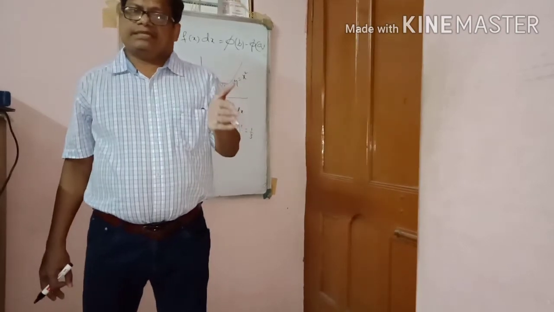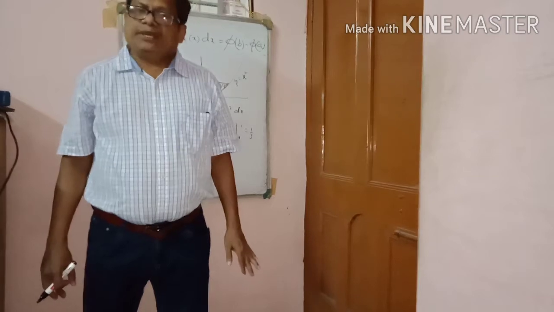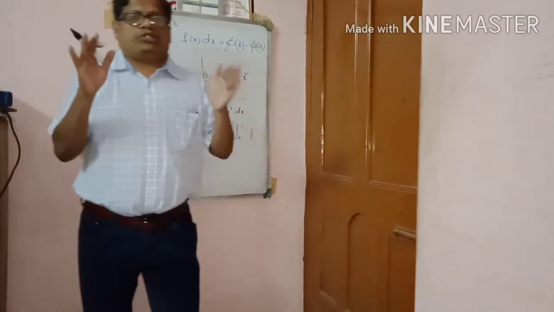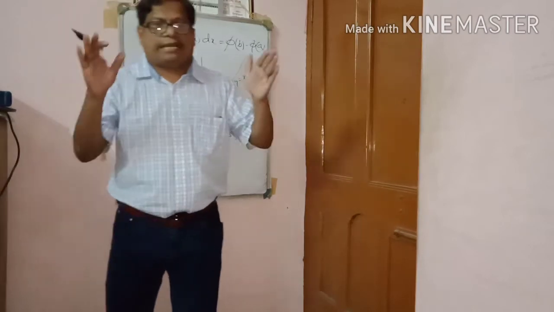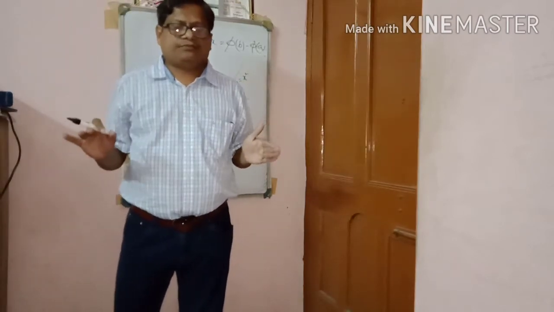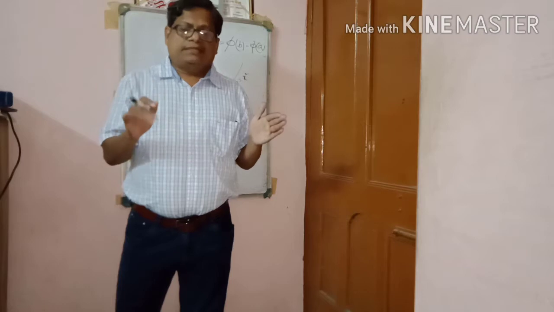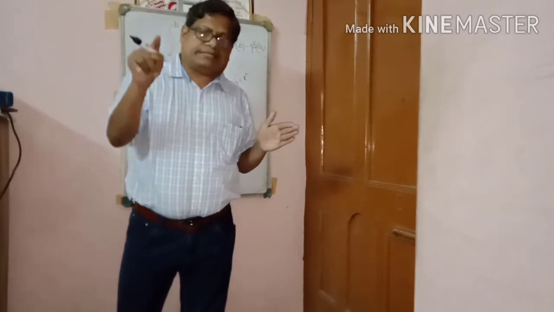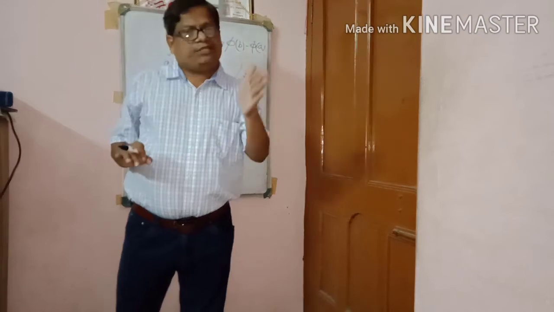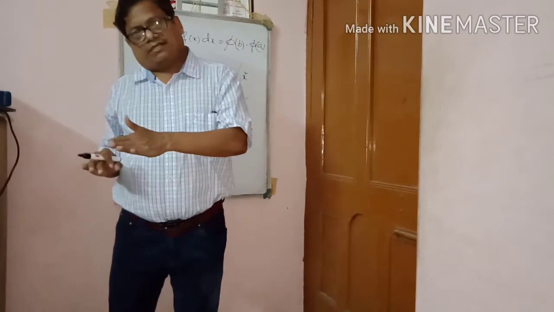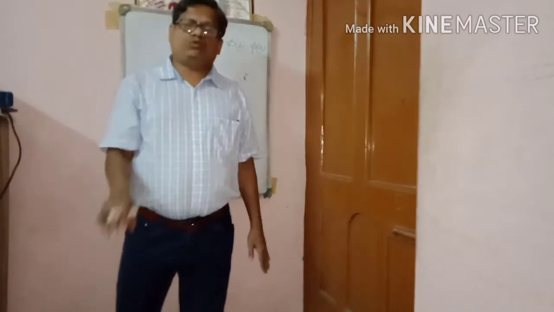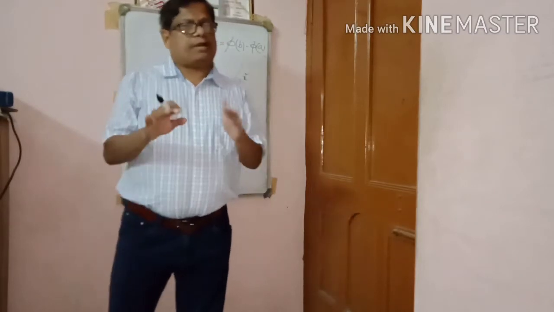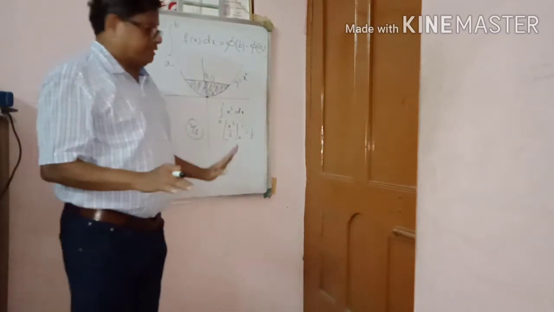Again I am telling, if fx is a single valued and continuous function in the finite closed interval ab, then there exists a new function phi x such that phi dot x equal to fx, then integration a to b fx dx equal to phi b minus phi a.